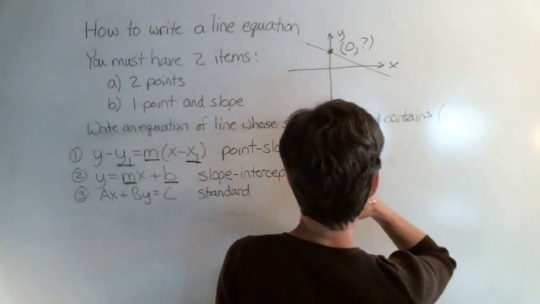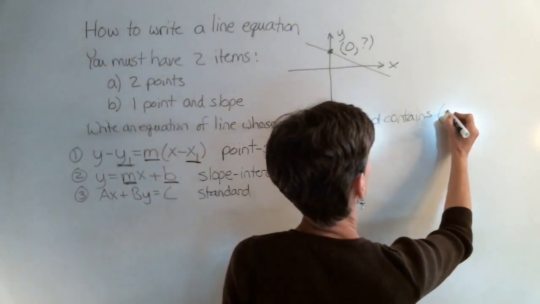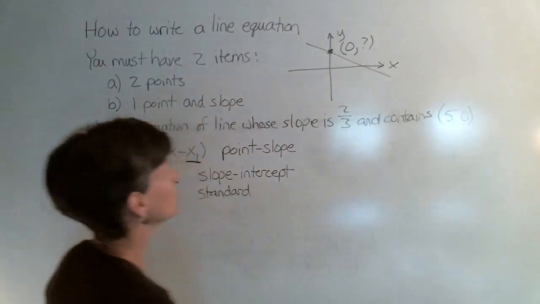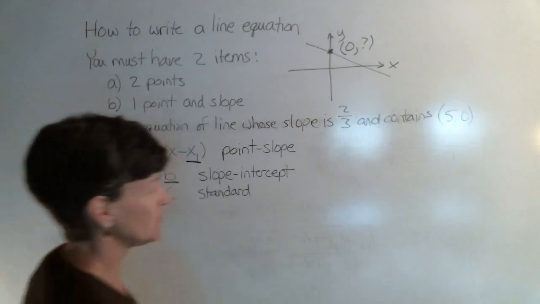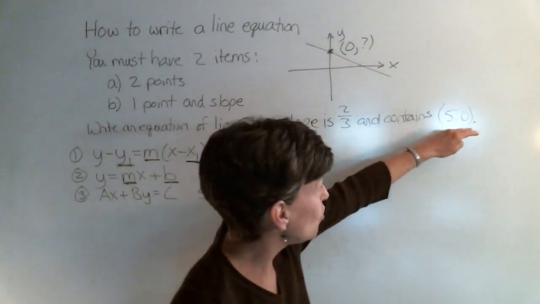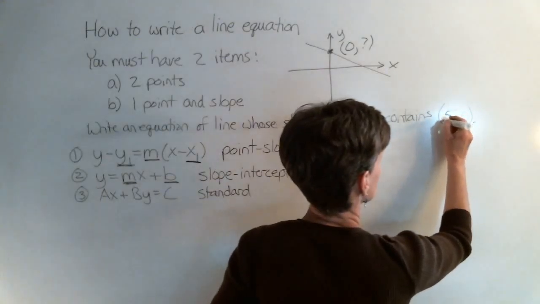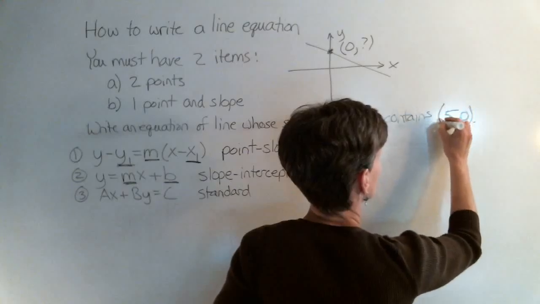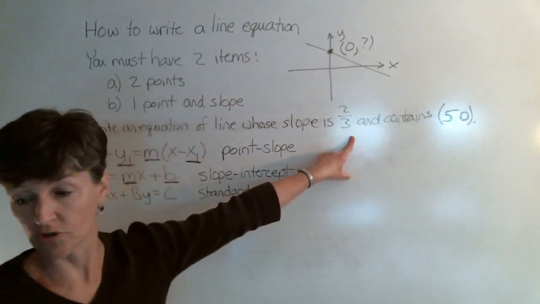This time let's say the line contains the point (5, 0). Now I just made that up. I just picked this. Okay, but I'm given a point (5, 0). Okay, and my slope of 2/3.